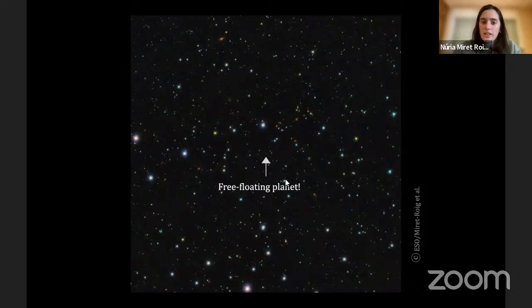And what's really interesting about this object is that our survey was not only capable of identifying and measuring the brightness in different filters, but also measuring the motion of this object in the sky over some years.